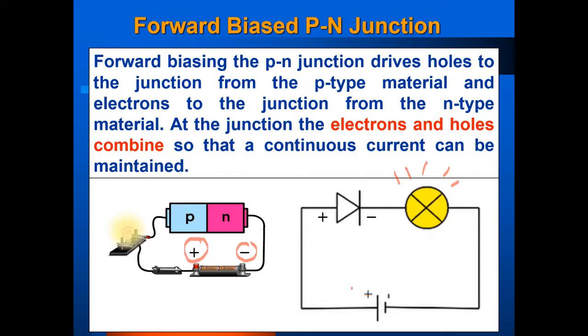The flow of the current follows this arrow. The symbol of the diode looks like an arrow to show the direction of the current. So this is the forward bias.